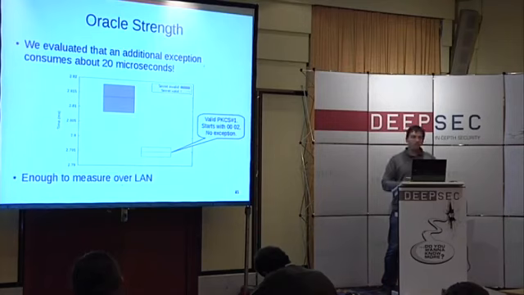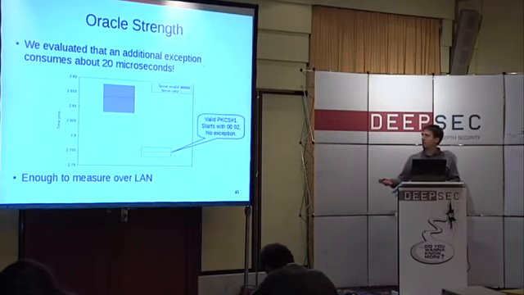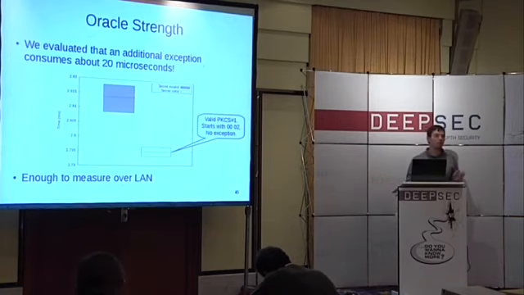But we evaluated that an exception generation in Java lasts about 20 microseconds. So we were able to distinguish invalid messages with an additional bad padding exception from valid messages where no exception is generated. And this lasted about 20 microseconds.